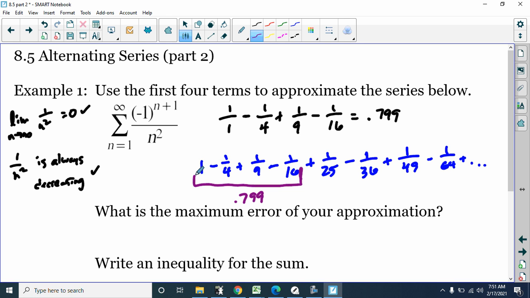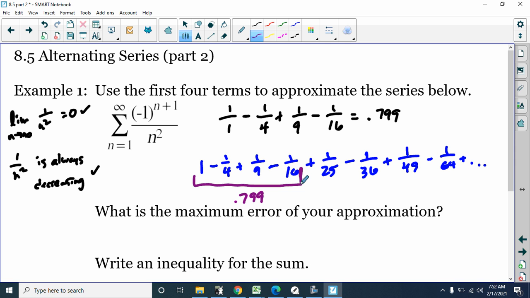So notice for an alternating series, remember these always go down. And it always alternates back and forth between plus, minus, plus, minus. So if this is 0.799 and then I add something to that, and then I take something away that's even smaller, and then add back something even smaller, and take away something even smaller, the most it's going to be off, the maximum error, is going to be this very next term.